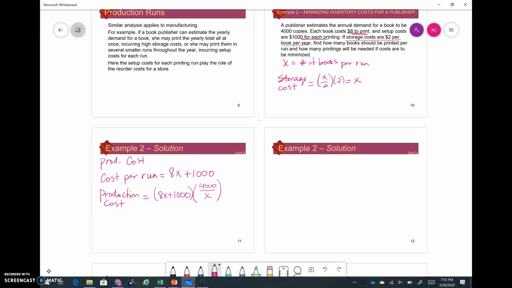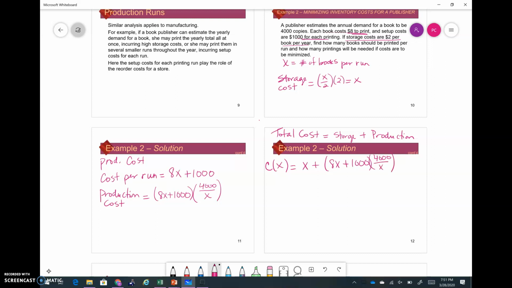From there, we can come up with our total cost function. Total cost is going to be your storage cost plus your production cost. So in this case, that cost function is going to be x plus the 8x plus 1,000 times 4,000 over x.